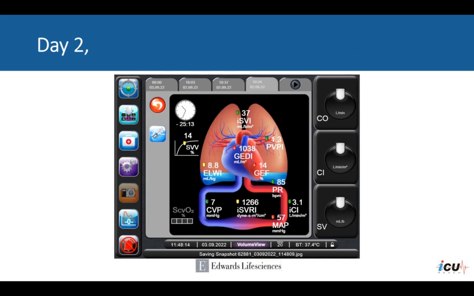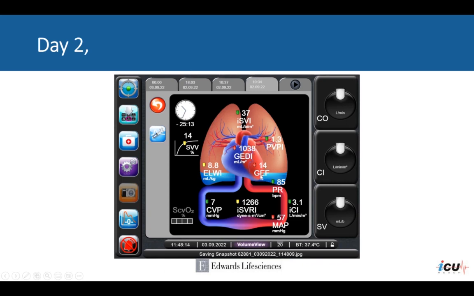So on day 2, the preload parameters are still acceptable. Global end-diastolic index more than 1,000. Stroke volume variation 14, and stroke volume index 37. Contractility is better. You can see cardiac index is better.